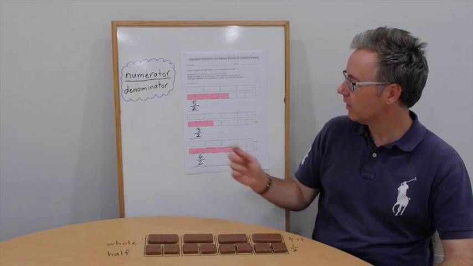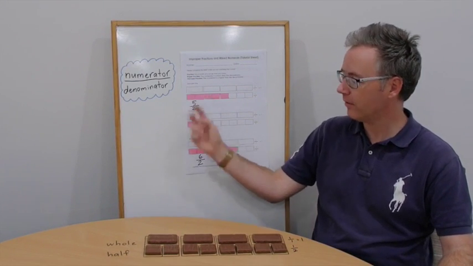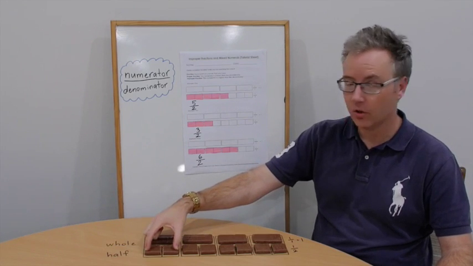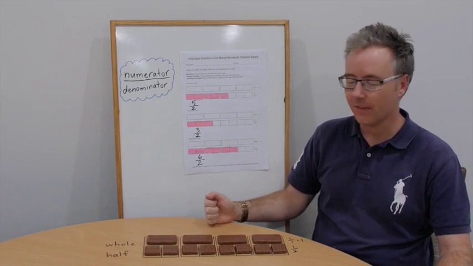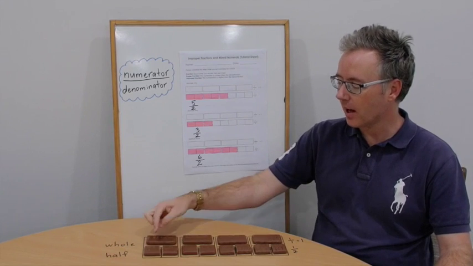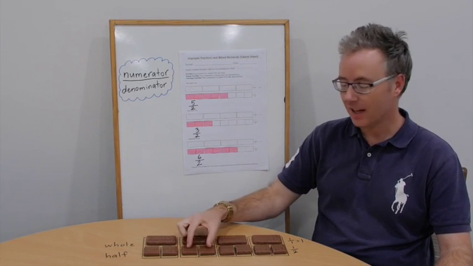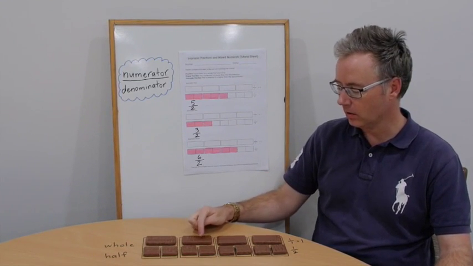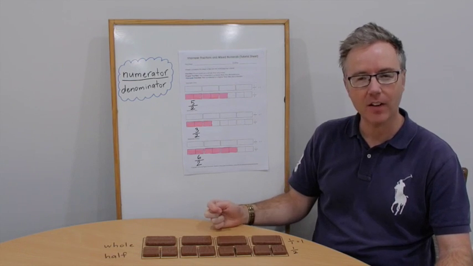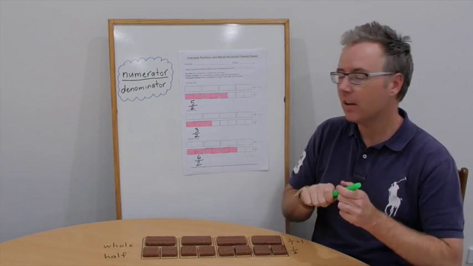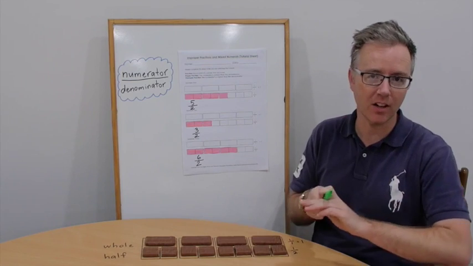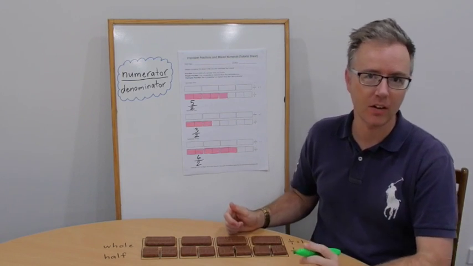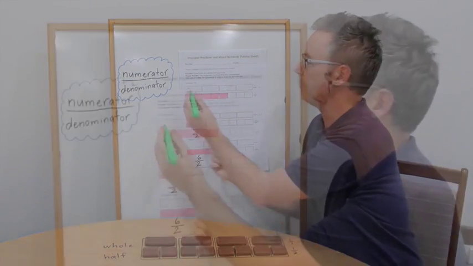So let's have a look. 5 halves, we have 2, 4, 5 halves. Now, 2 halves is a whole, another 2 halves is a whole, and we have this half left over. Let's shade in with our second highlighter colour the wholes that the halves make up.